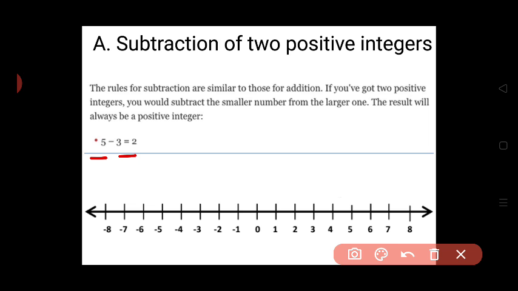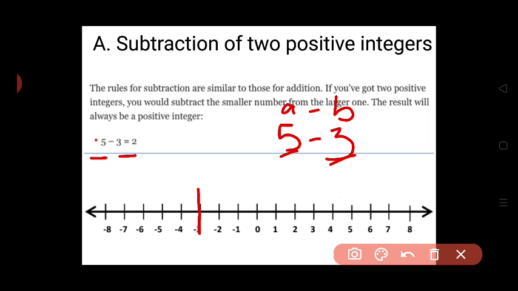How do we represent this on the number line? So 5 minus 3. Suppose this is A and this is B. So what was the rule? You have to represent a number by displacement from B to A. So B is minus 3. Minus 3 is here. Now we have to move 5 units to the A. So 5 units, 5 is positive.